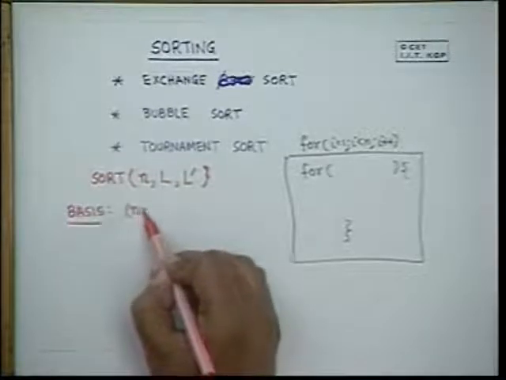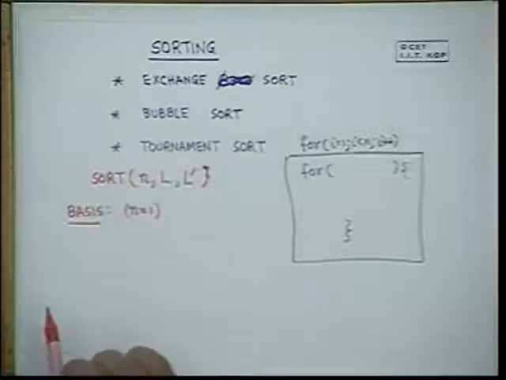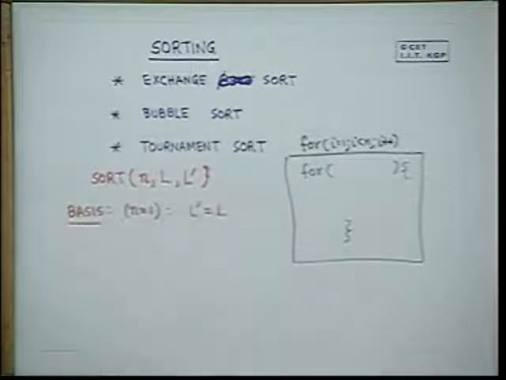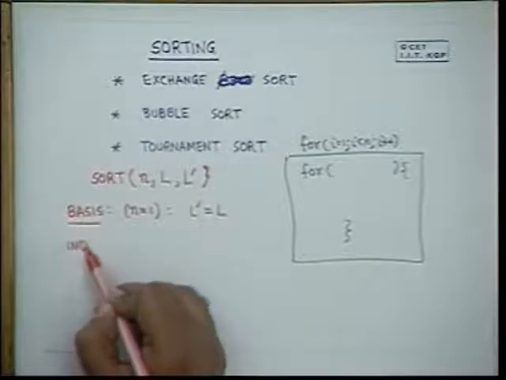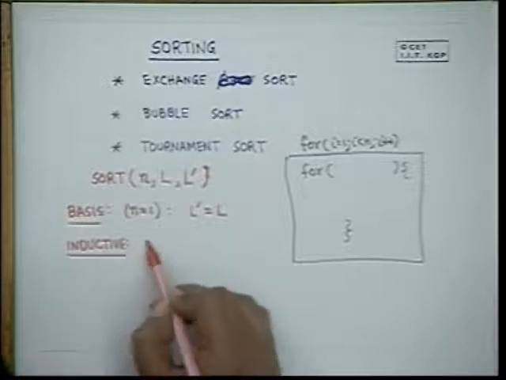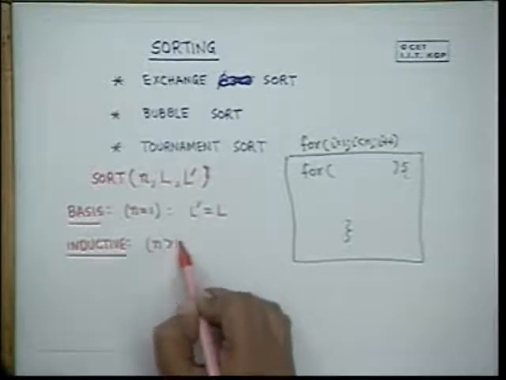N is equal to 1. Then what do you do? L dashed is equal to L. Alright. What is the inductive condition? N is greater than 1.